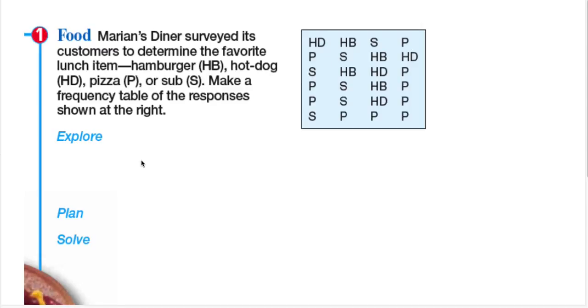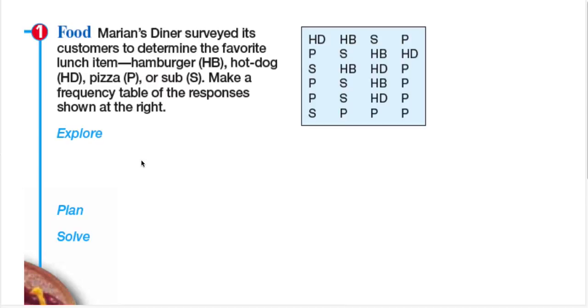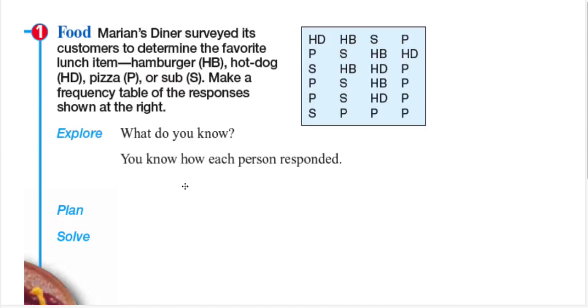According to what we learned in the past, since this is a word problem, we will use our 4-step plan to solve this problem. What do we know from this problem? We know that those are the responses of the people. We know how each person responded, and also how many people responded to the survey.